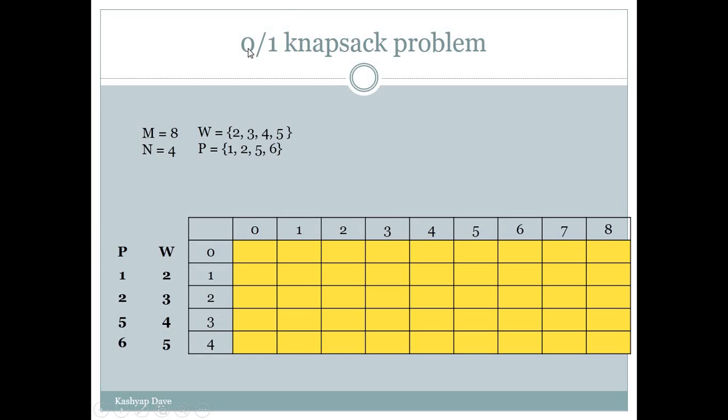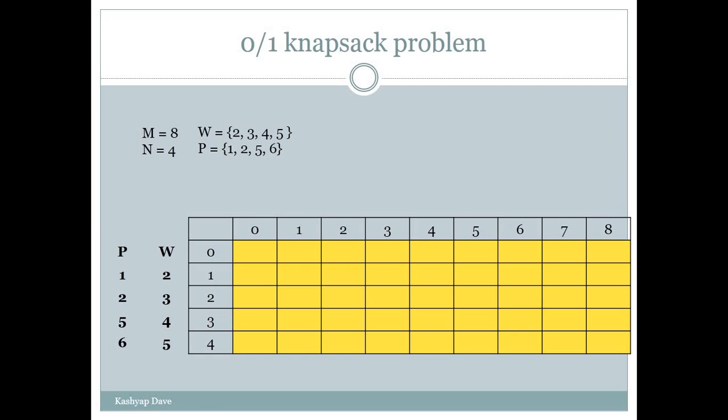The 0-1 knapsack problem says that we have to take an item either 0 or 1, which means we can take the item or we cannot take it. We will take the item fully. We cannot take a fraction of an item.